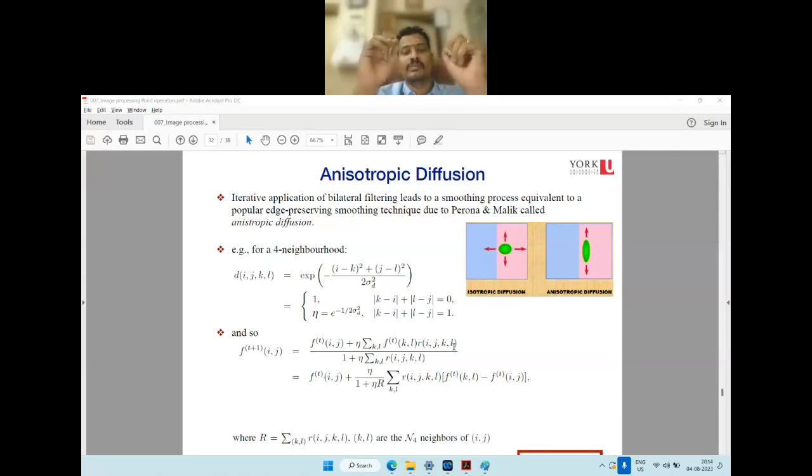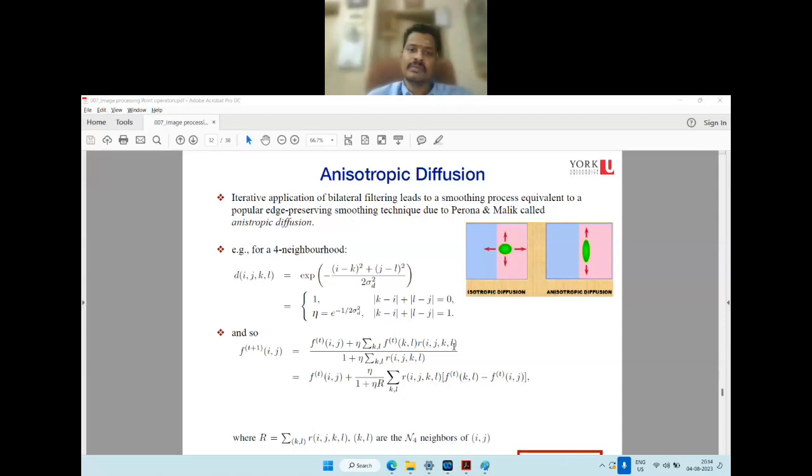When we perform a smoothing operation, please listen carefully. This is a very fundamental point in image processing and computer vision. When we try to smoothen an image, we lose information, especially the edge information.